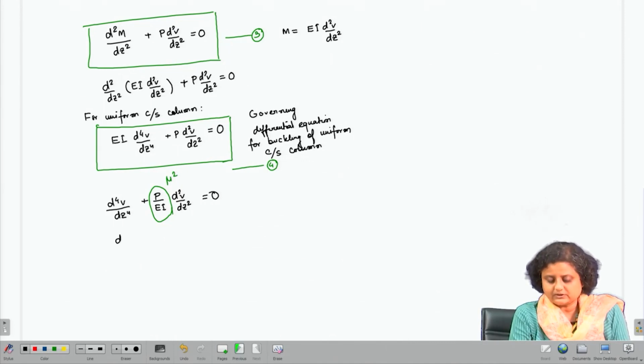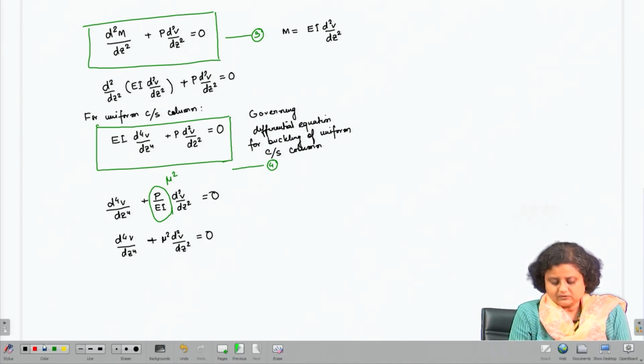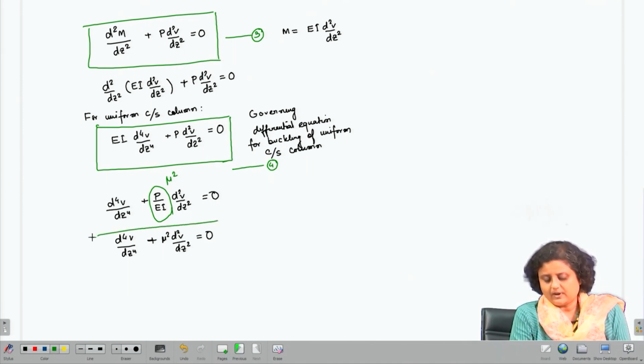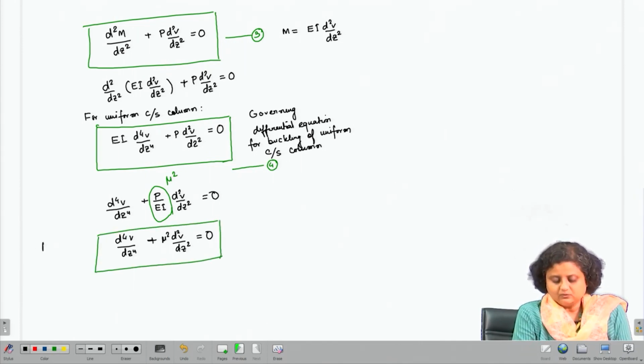Therefore, this equation can be written as d4v by dz4 plus mu square d2v by dz square is equal to 0, where mu square is nothing but p by EI.